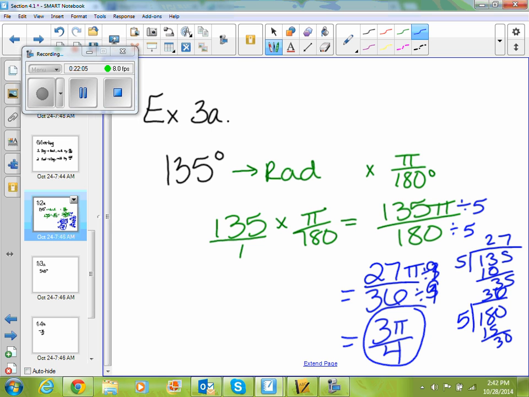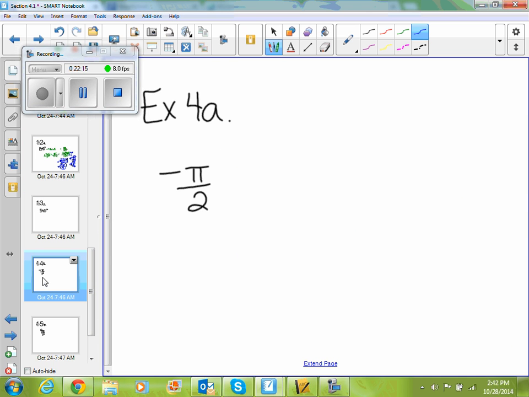Okay, so you'll take what you get and then you reduce it. Okay, so multiply by pi over 180. Or to take something from radians to degrees, then we multiply by 180 over pi.